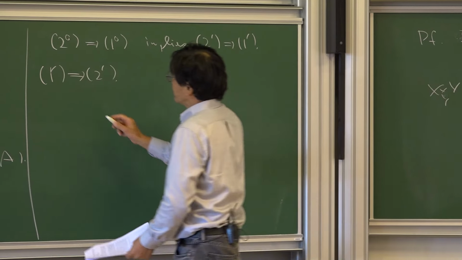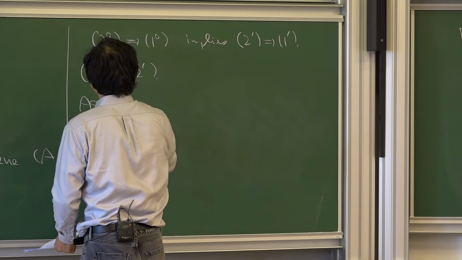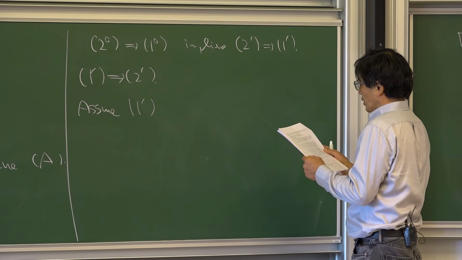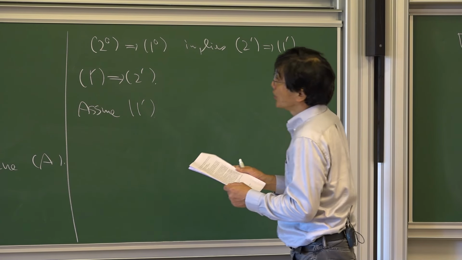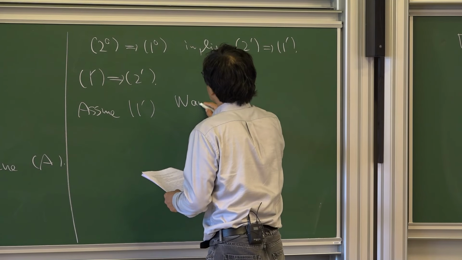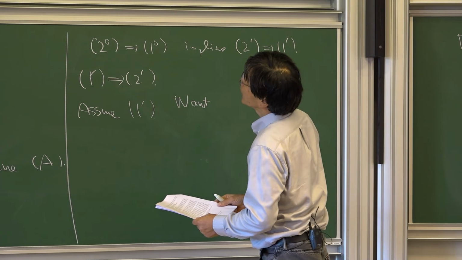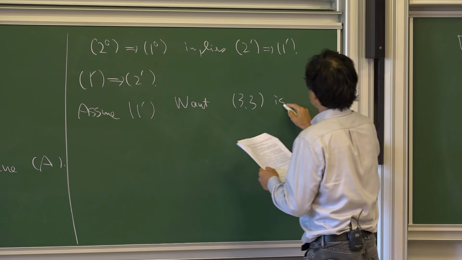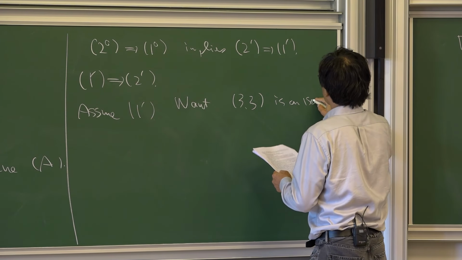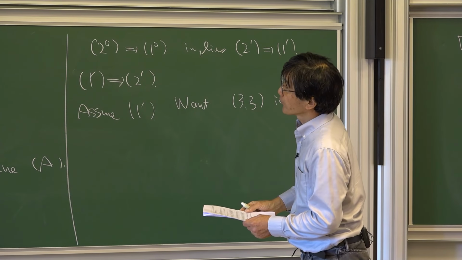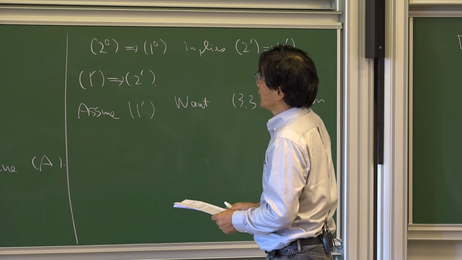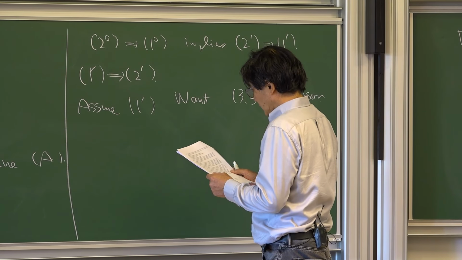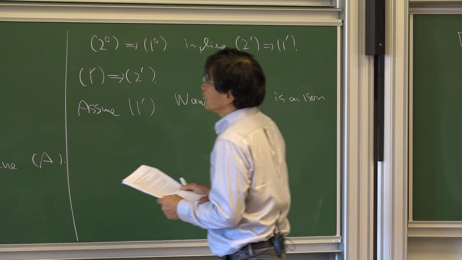Okay, so assume 1 prime. And we want to show that 3.3 is an isomorphism.